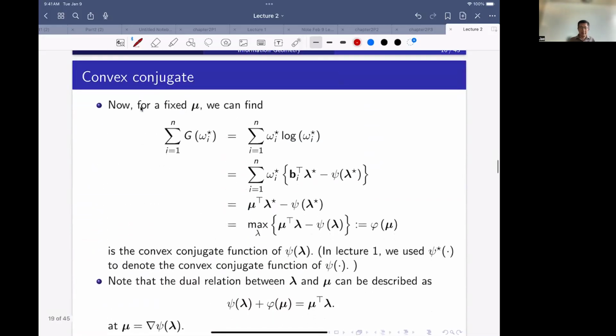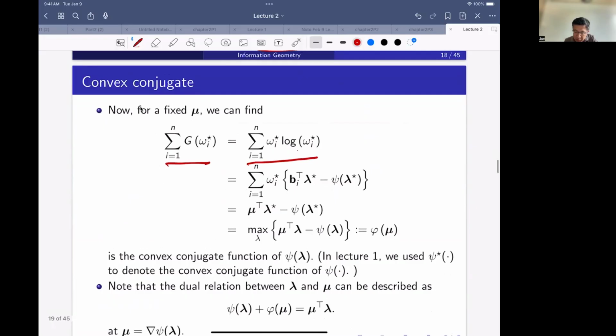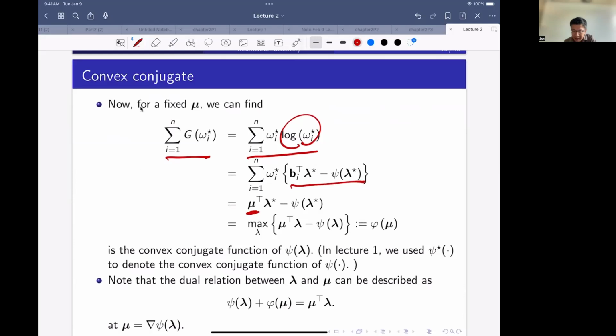Now, let's take a look at this form again more carefully. So this G star is just omega minus omega log omega. And then because of the form, we have this form. Okay. And then this guy is this guy, right?